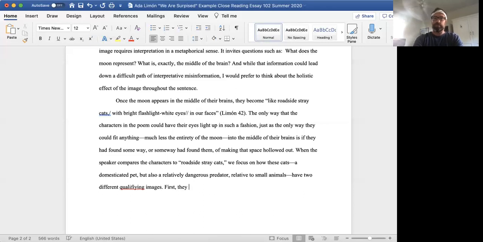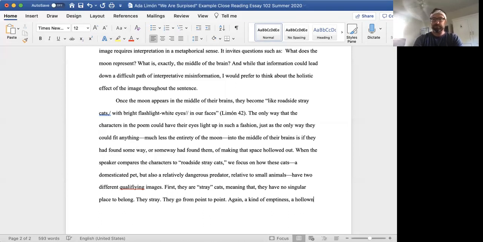First, they are strays. They're stray cats, meaning that they have no singular place to belong. They stray. Again, a kind of emptiness, a hollowness, an image of not belonging.